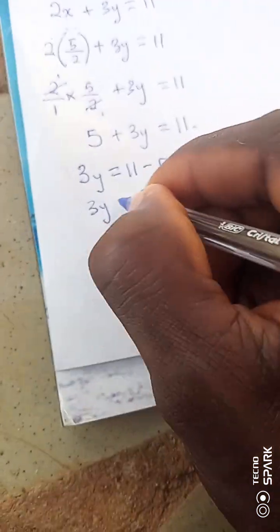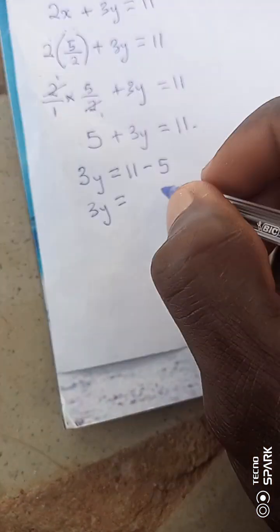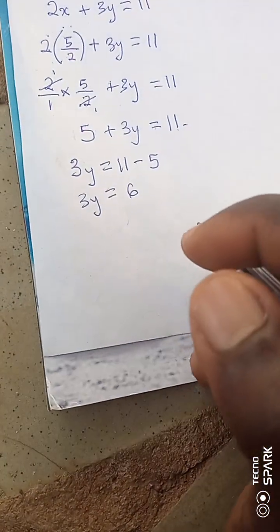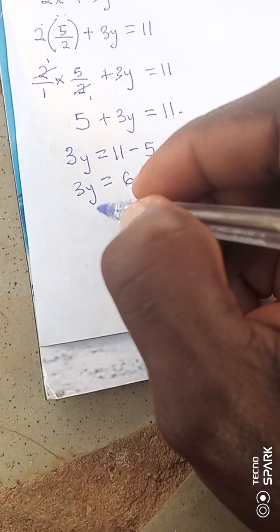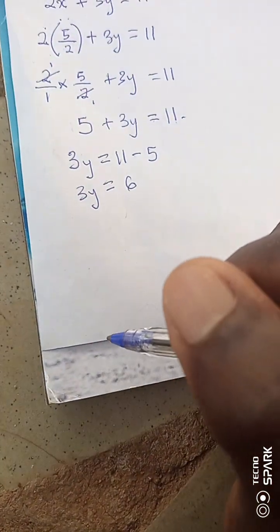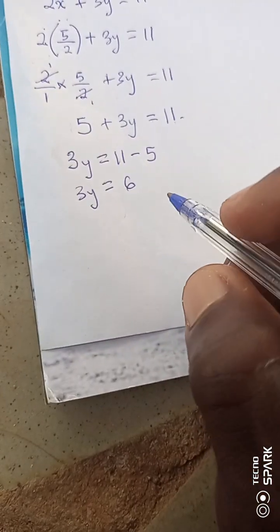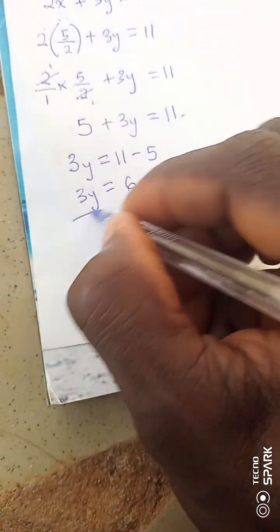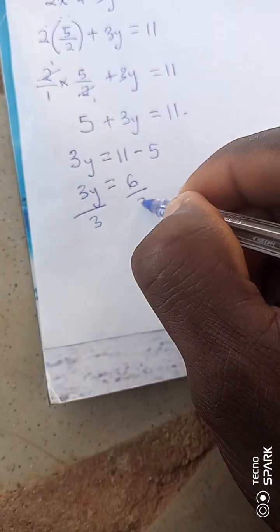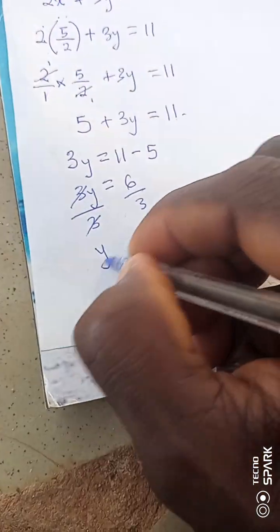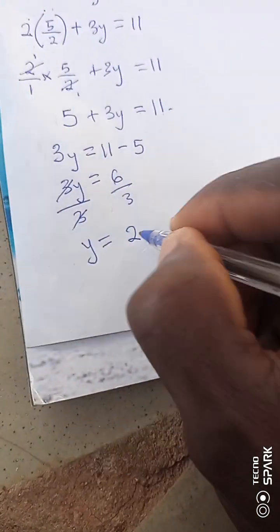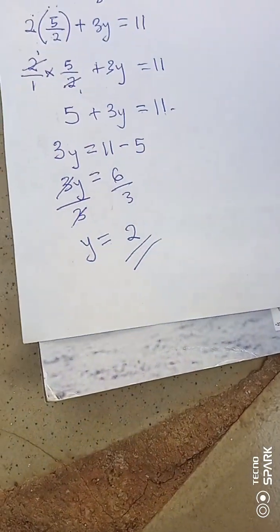So 3y is now equal to 11 minus 5, which is 6. To make y the subject of the formula, you divide both sides by 3. 3 will cancel out, y is left alone. y is now equal to 6 divided by 3, which is 2. This is our answer.